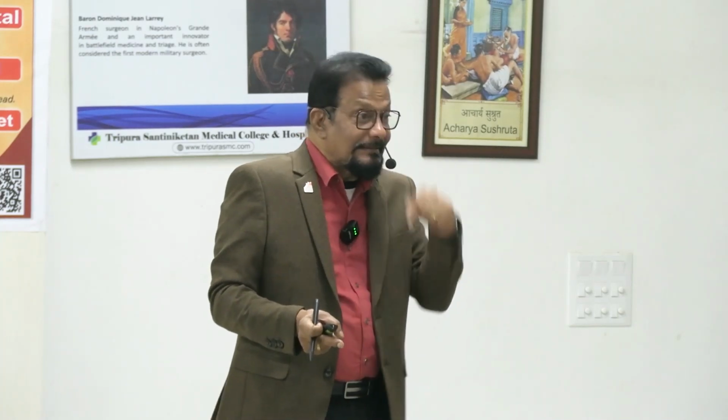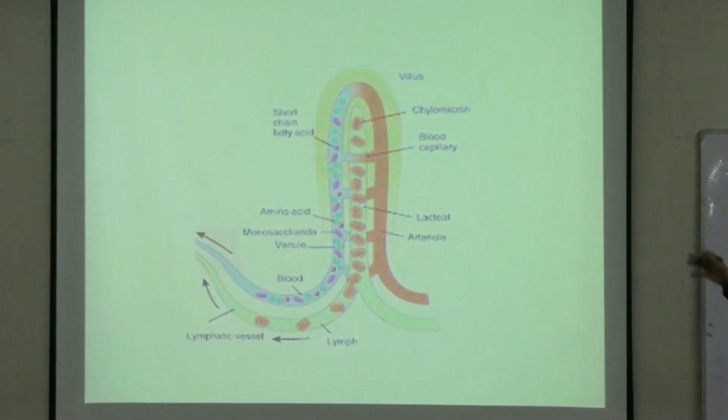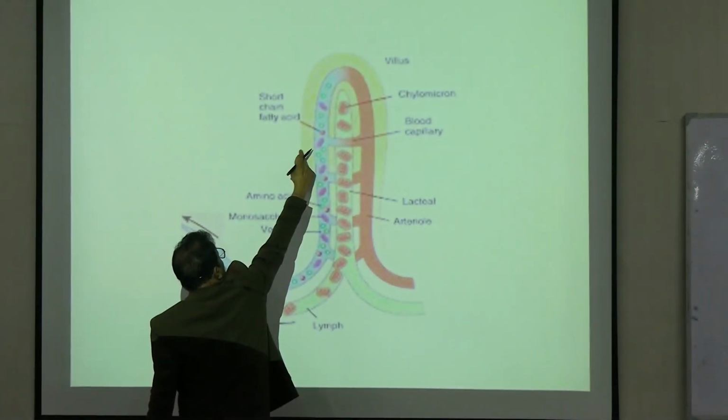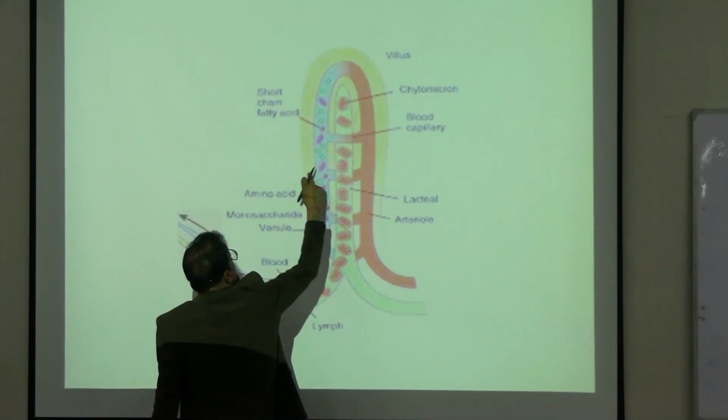Ultimately, whatever has been digested in the lumen, these digested products have to enter either the lacteals or the blood vessels. I am showing you. Can you remember this? This is one of the villi. These are the brush border epithelium. Their microvilli are there.